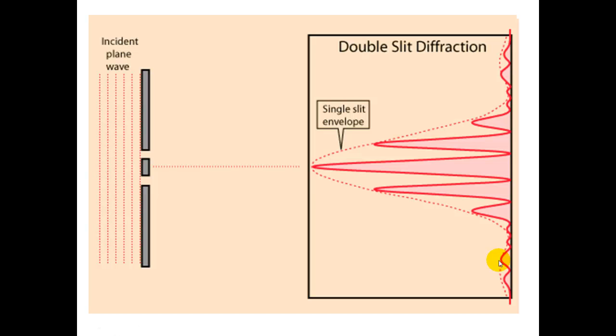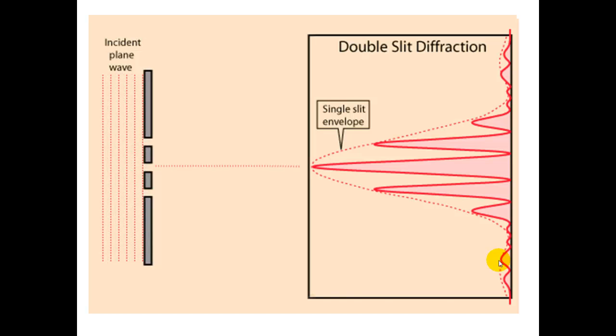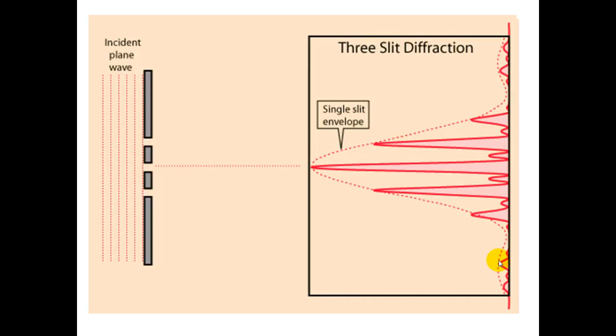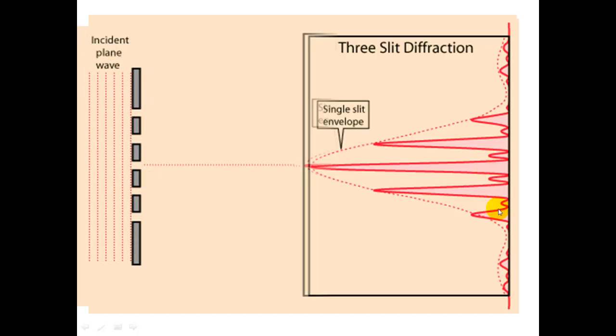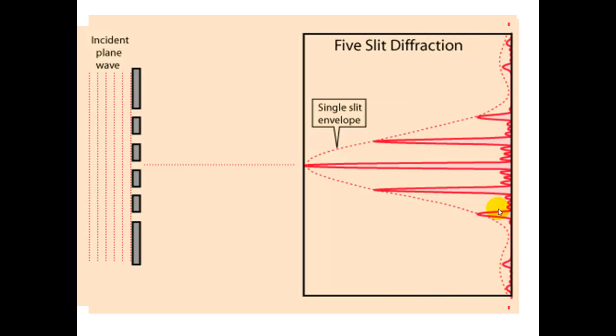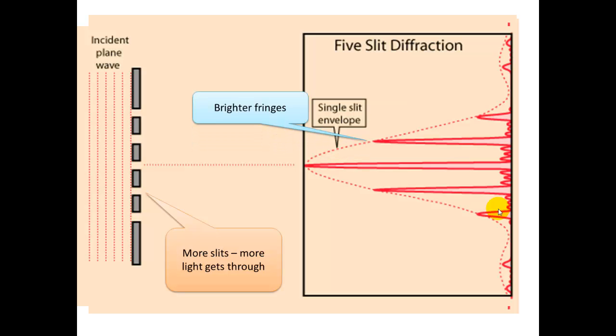Let's have three slits. Notice that the fringes get tighter. Also notice there are faint maxima between them. Let's try 5 slits. What we see here is that more slits will give more light. Also, the fringes will be brighter, and you get these weak mini fringes in between the bright fringes.